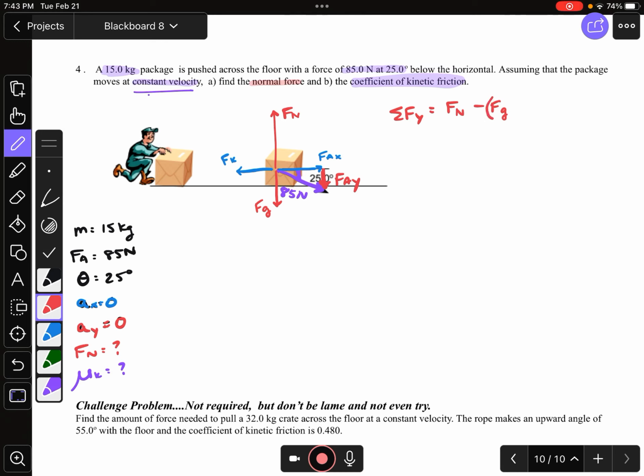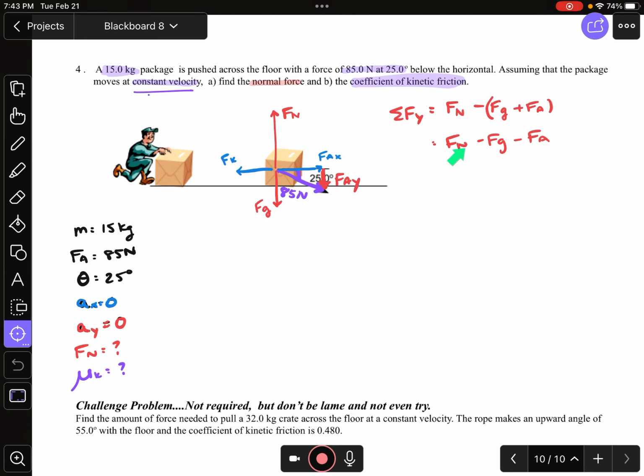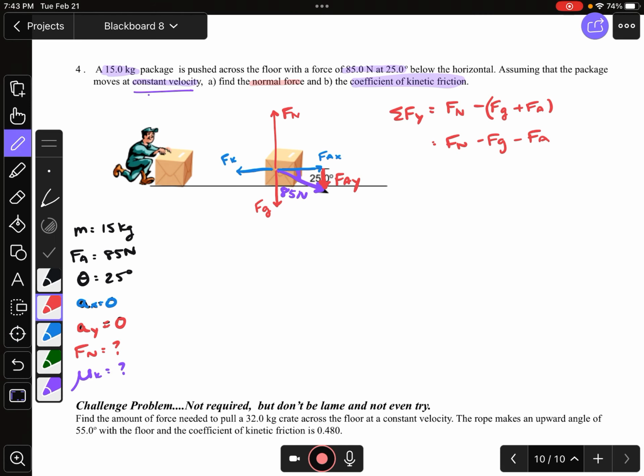But you could think of it as minus the quantity Fg and Fa, and you have to have the parentheses here. Or you could think of it as Fn minus Fg minus Fa. Minus is before anything that's going down. I actually really like the second way better. You're going to get the same answer either way. This will equal 0.